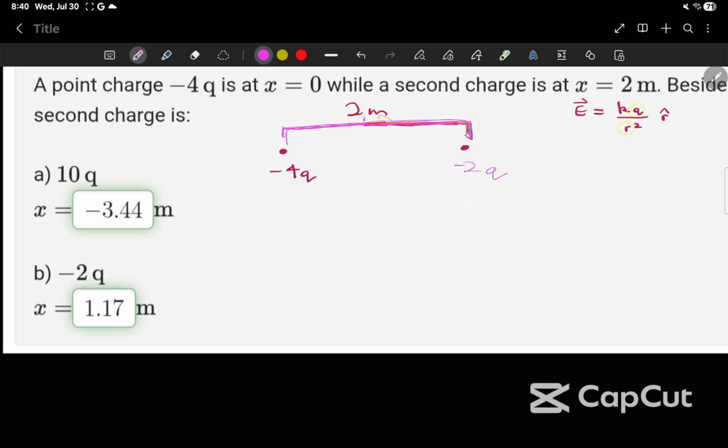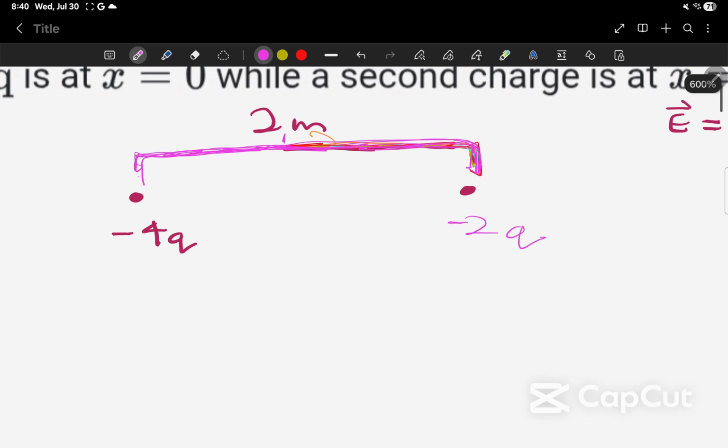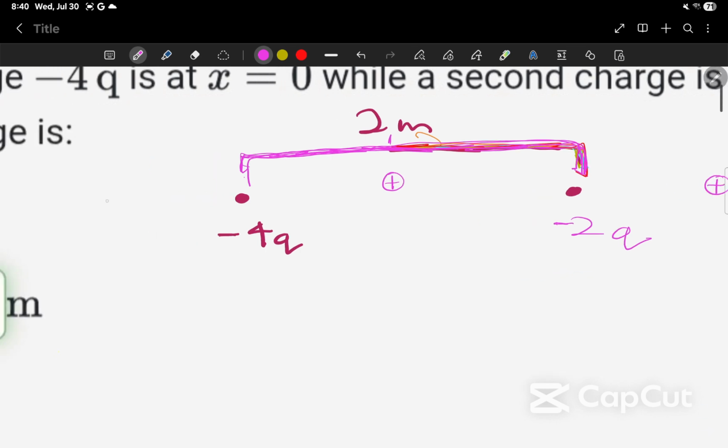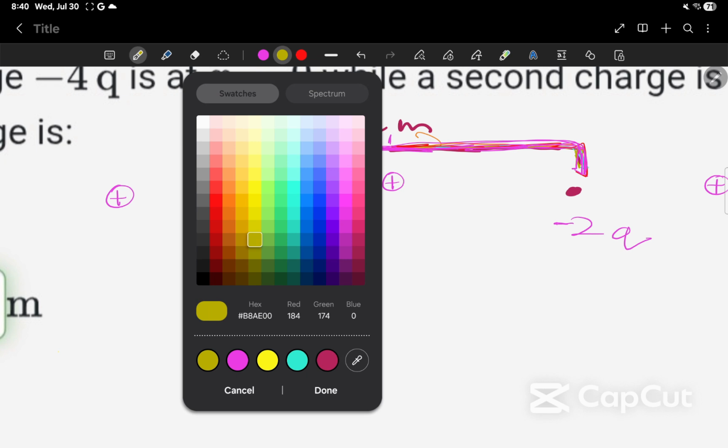We're going to do the same thing as before. We'll put positive test charges in all three regions, draw electric field vectors from each charge, and see if they add up to 0. We're trying to find in which region they are most likely to add up to 0.